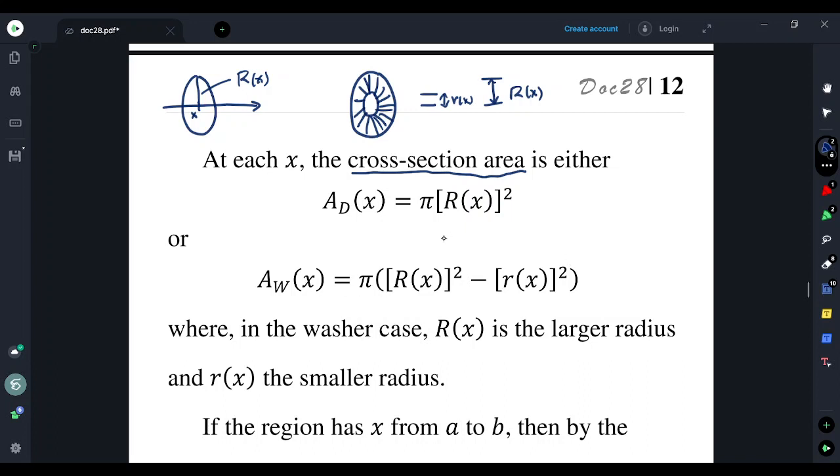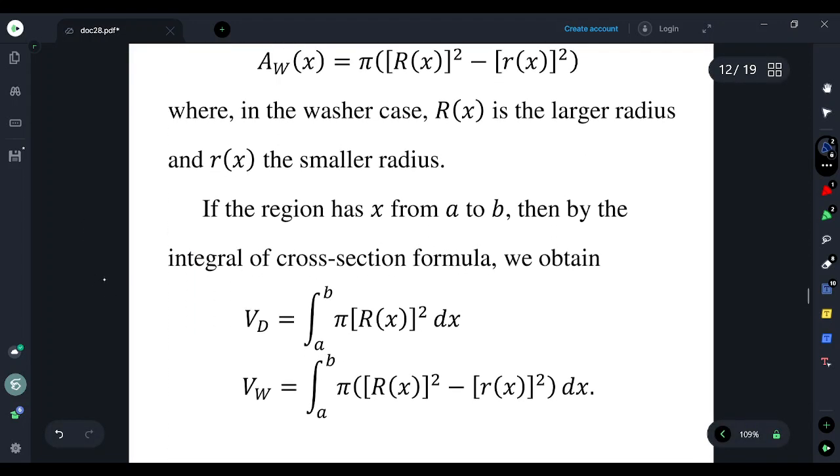So these are the two formulas we're going to use. Once you have the formula for the cross section, you just integrate, right? If the region has x from a to b, then we employ the integral cross section formula for the volume. For a disk, it is the integral from a to b of pi R(x) squared dx. But if the cross section is a washer, the volume is the integral from a to b of pi R(x) squared minus small r(x) squared dx.